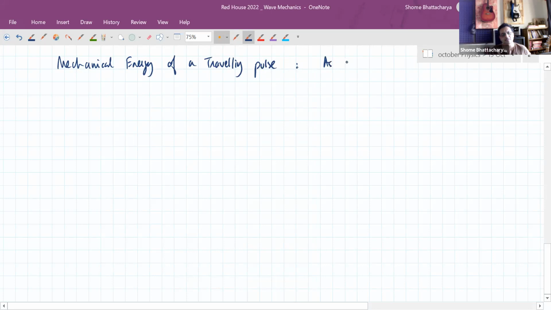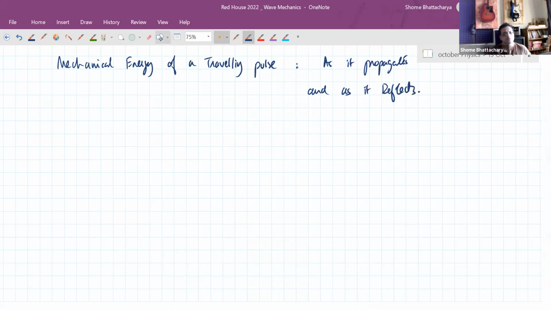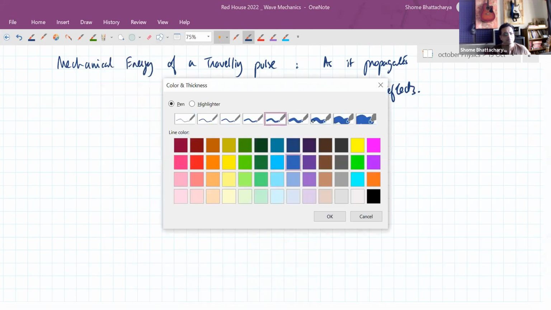We'll track that as it propagates, and also as it reflects. Let's understand both these things. Okay. So imagine I'm drawing somewhat of a magnified diagram of that traveling pulse now.